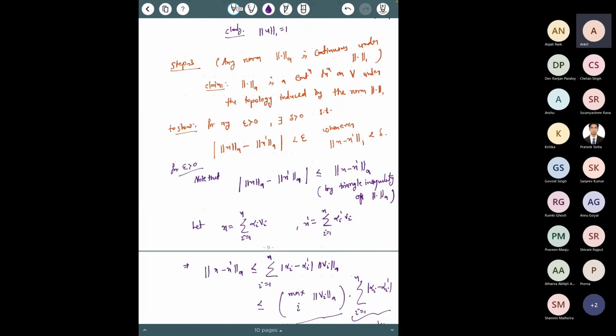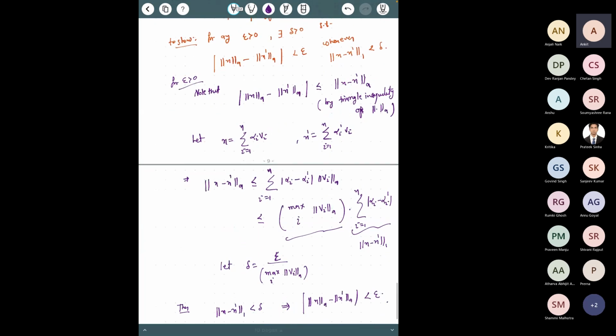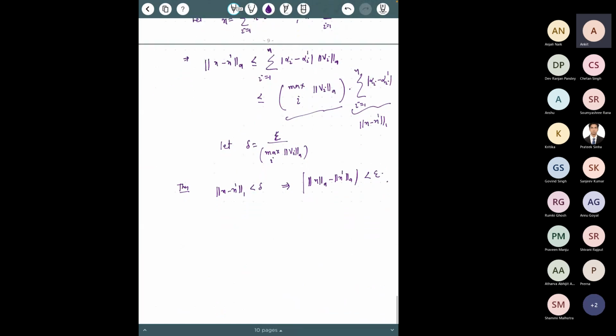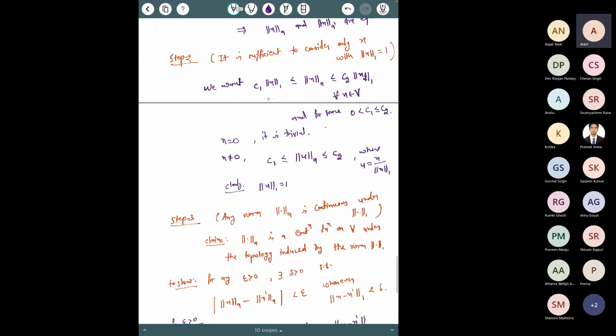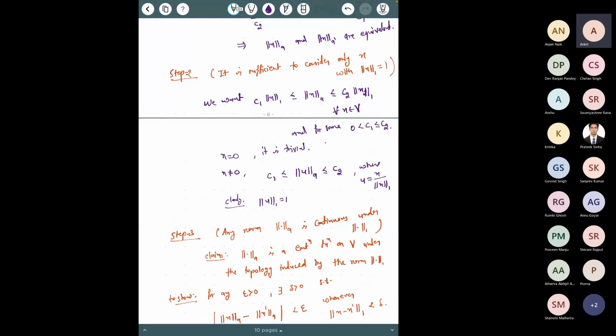Then comes the fourth step, which is very straightforward. Now we know that the a-norm is a continuous function, and if I take the unit sphere, because in step 2 I have shown that it is sufficient to prove this result for vectors x such that norm of x equals 1. Now the set of all vectors x whose norm is equal to 1 forms a compact set.